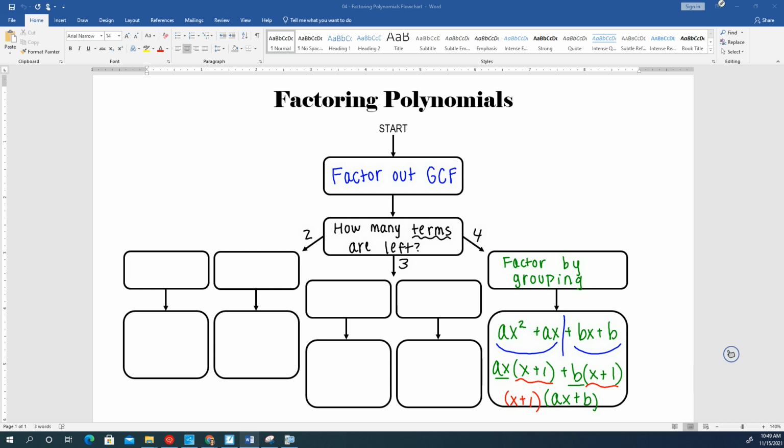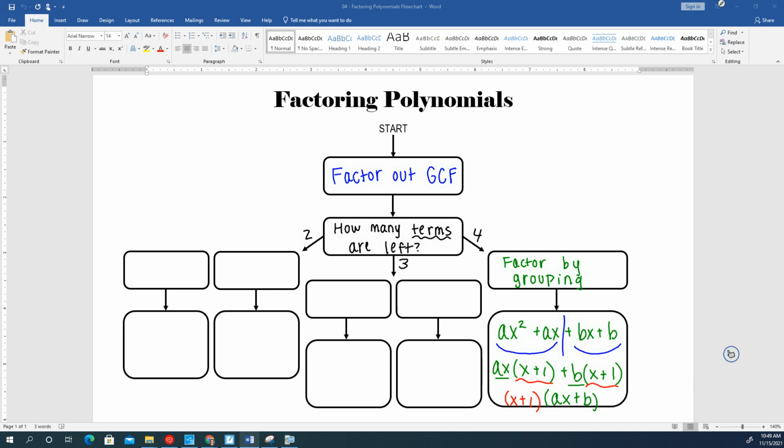Think of this like a number: you've got ax times 2 and b times 2. You're just factoring out the 2, and then dividing it out, and you'd be left with whatever those GCFs are. That's how you factor 4 terms. Does that feel familiar? Yeah. Oh, good. Other people? No.